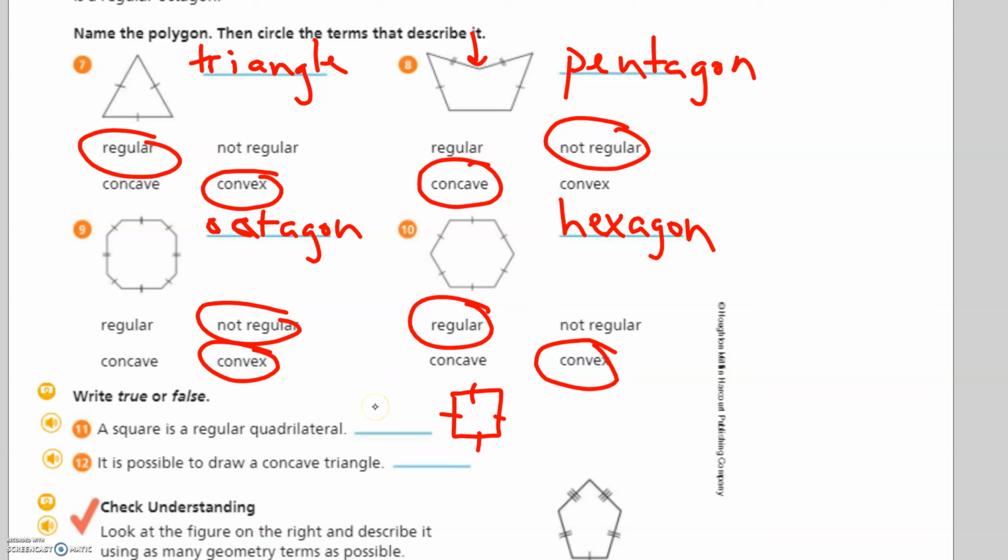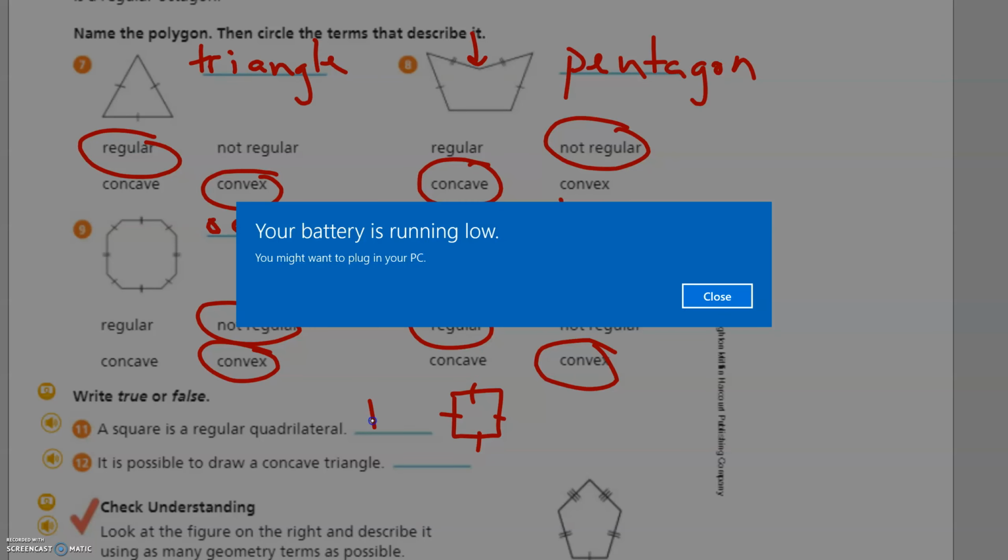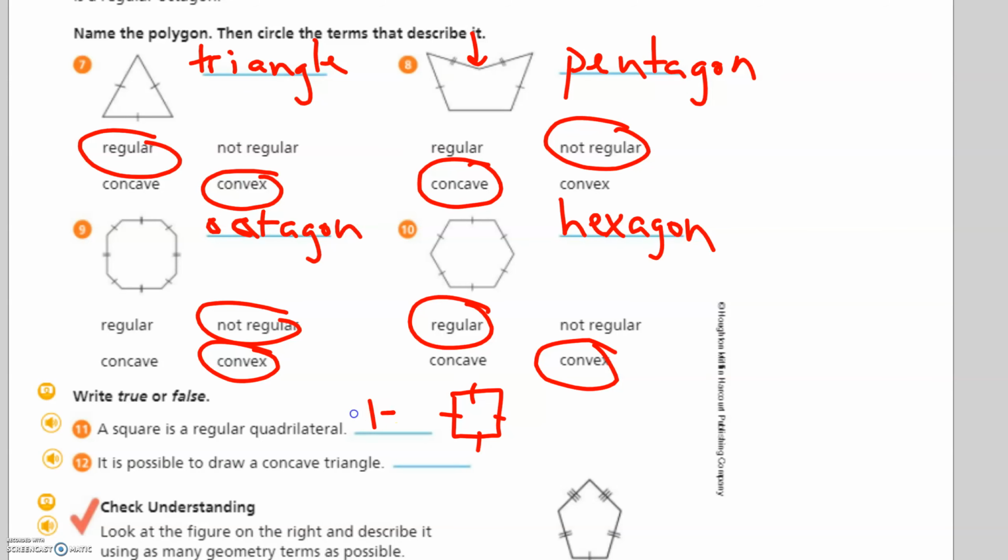Yes. So this is true. And it's possible to draw a concave triangle. I'm going to try that. Nope. There's no way you can make an indentation in there without getting another side. So this one is false.